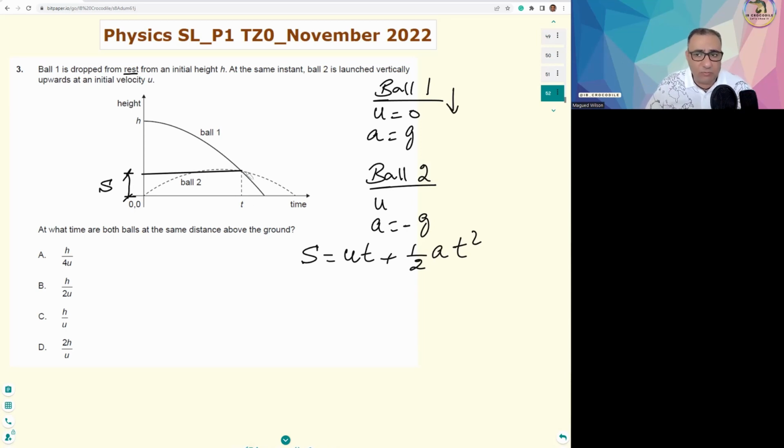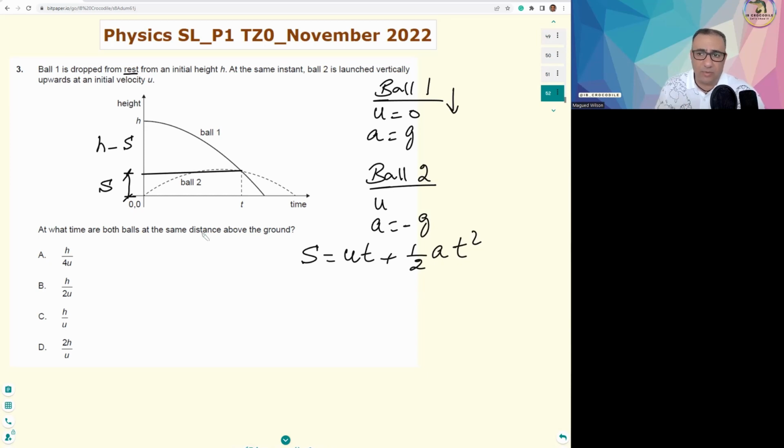At this moment, ball 1 has traveled from total height h all the way down to this point. So the vertical displacement traveled by ball 1 is going to be h minus s. At this point, both balls have the same distance above the ground.